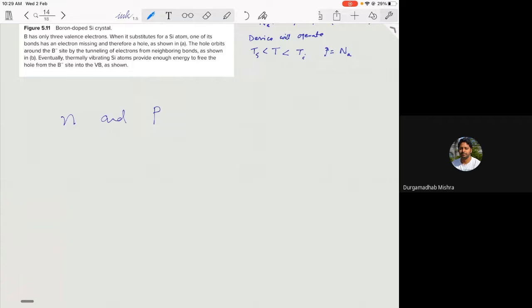What I mean by that is n is much less than N_C, and p is much less than N_V. These N_C and N_V are the effective densities of states in the conduction band and valence band respectively.